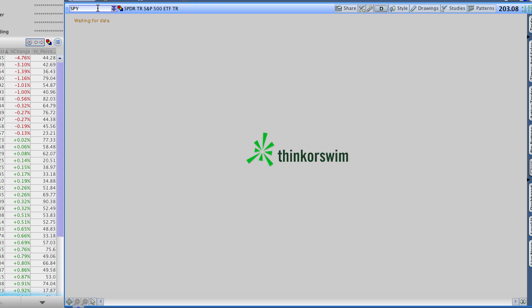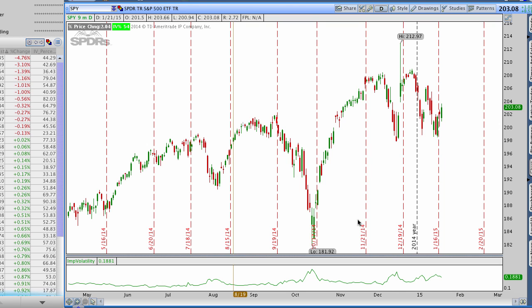If we go to the charts of SPY, you can see that our break-even price is down around 183, somewhere right about in this range. And the stock is currently trading at 203. So in just the next month and a half, the stock market would have to basically crash for all intents and purposes for us to lose money on this trade.